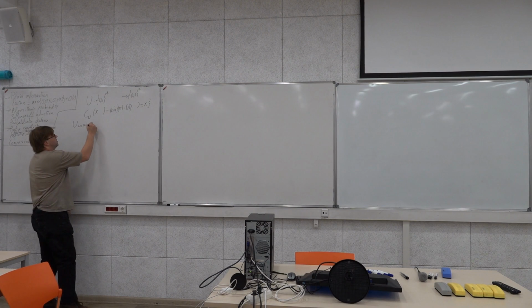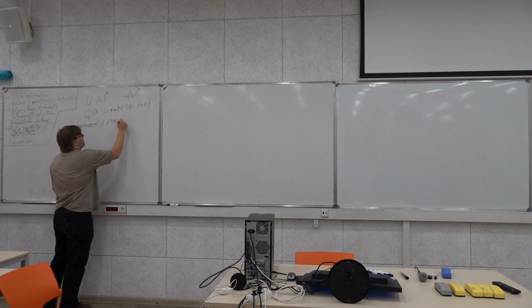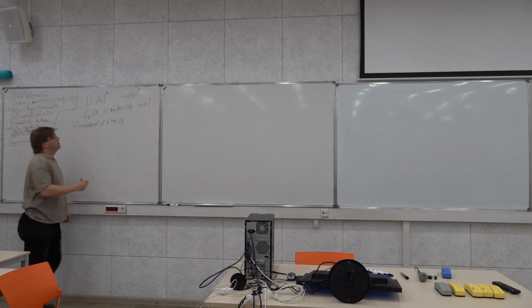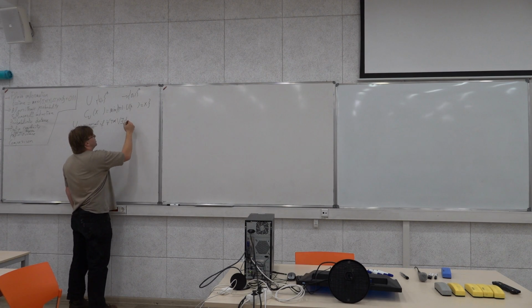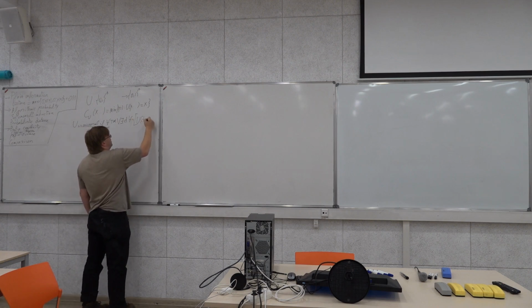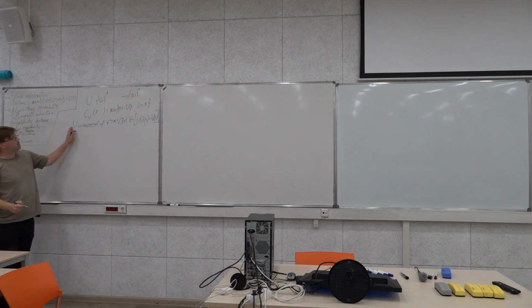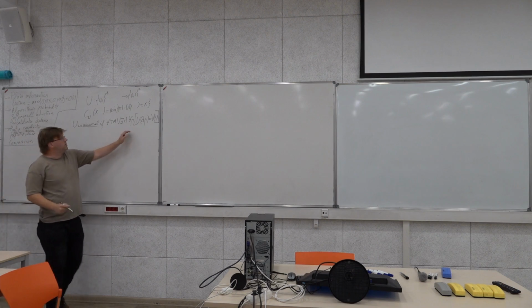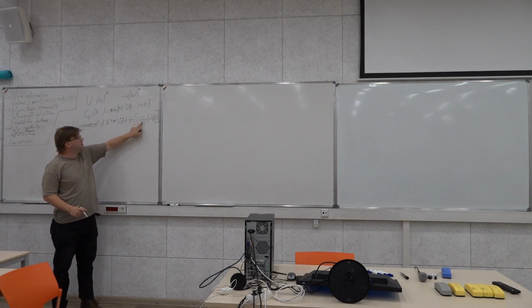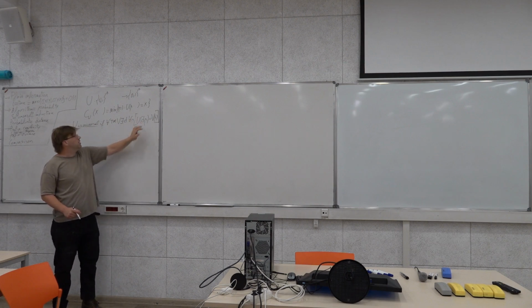So U is universal if for every Turing machine V, there exists a string D, a description, so that for every program P, U of the concatenation D and P is equal to V of P. It means that if you give U a description D of the machine V, then it simulates the machine V on program P. So it's clear, right?